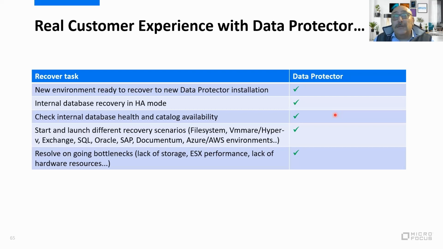As soon as the new environment was ready to start recovering, we recovered the internal database in HA mode. We checked and saw that the catalog was okay and healthy, and then we started launching the different recovery scenarios for the file system, VMware, Hyper-V, SQL. It was a big environment, even Documentum.